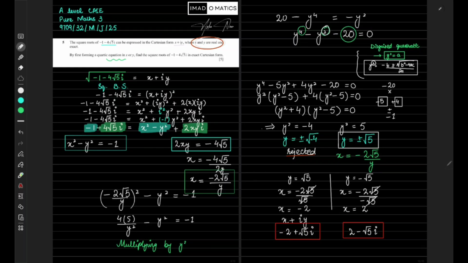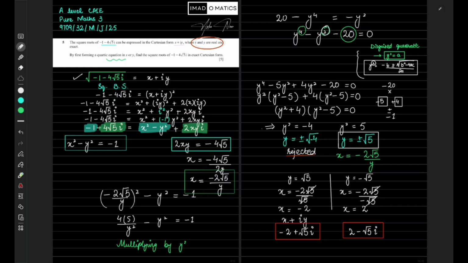I hope you understand this. In these type of questions, there are only a few important steps, one or two. Like first important step is to put this equals to square root of the given complex number. Square root of that equals to the standard x plus iota y or a plus iota b.